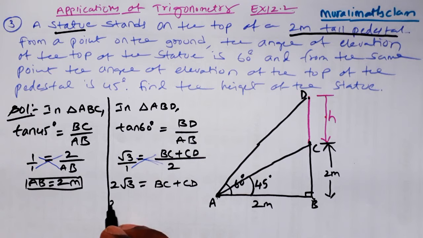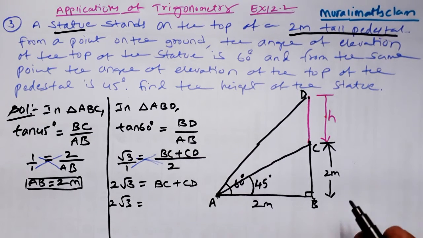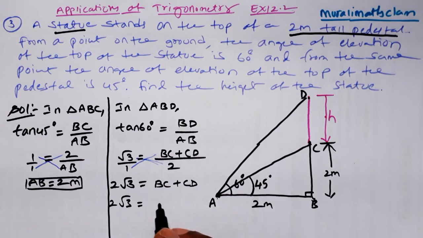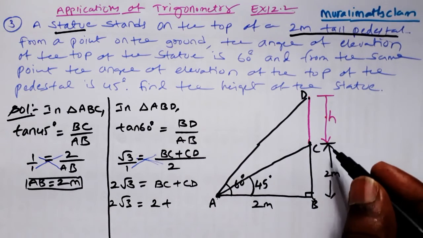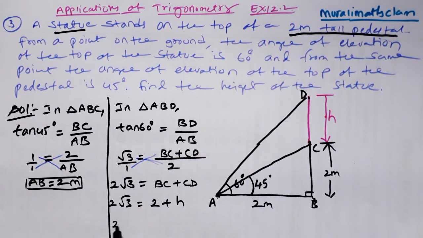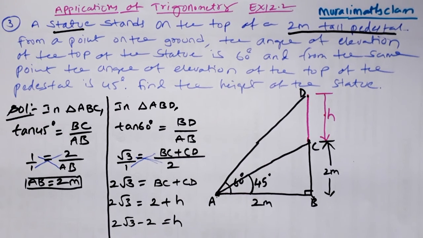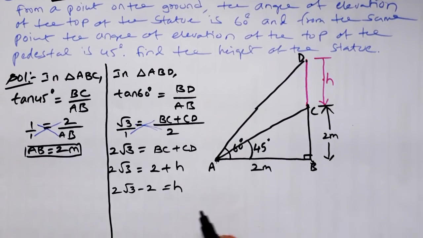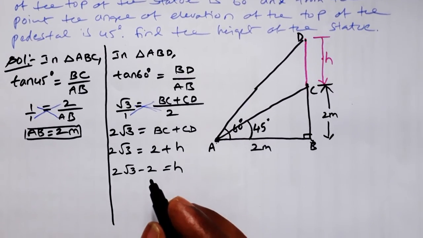So 2 root 3 equals BC, which is 2, plus CD, which is h. Taking 2 to the left hand side, it becomes 2 root 3 minus 2 equals h.